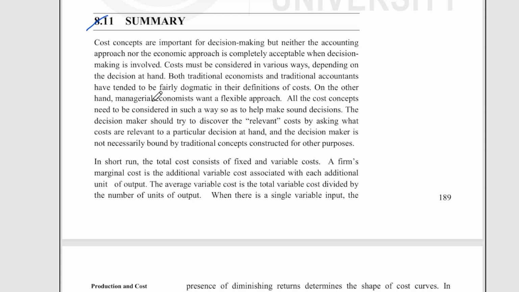On the other hand, managerial economists want a flexible approach. All the cost concepts need to be considered in such a way so as to help make sound decisions. The decision maker should try to discover the relevant cost by asking what costs are relevant to a particular decision at hand. And the decision maker is not necessarily bound by traditional concepts constructed for other purposes.